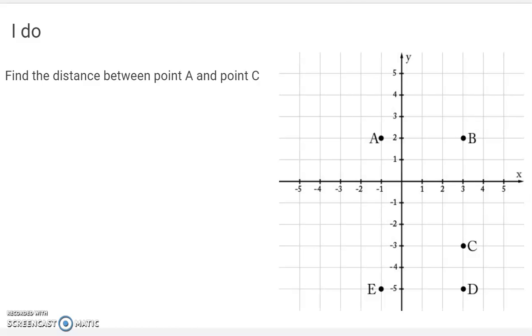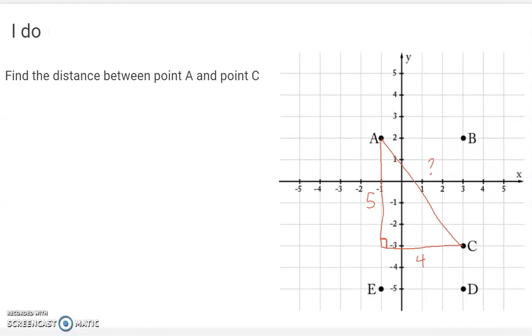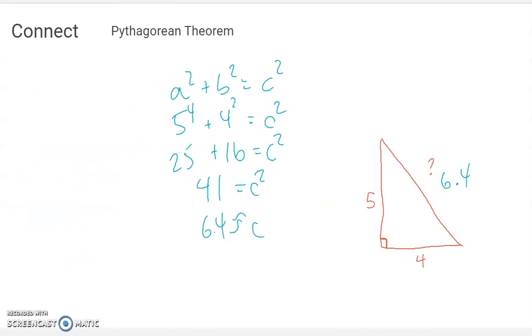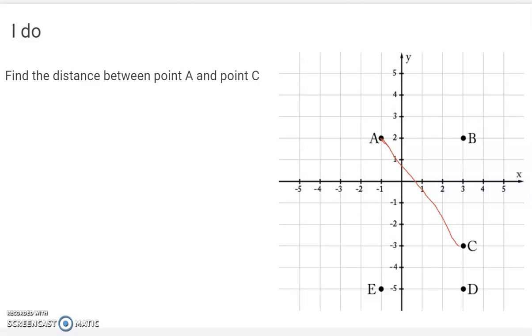So I want you to notice a little something here. If I were to try to find the distance between A and C, like that, I could actually do that by putting that same right triangle I just showed you in there. Remember this guy? Well, if you think about that exact triangle, I could draw that here, right?